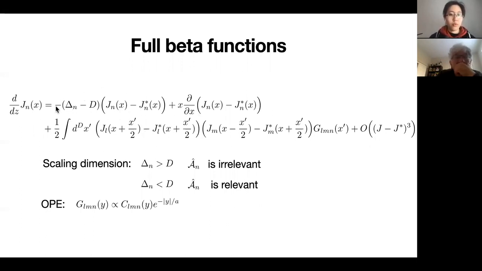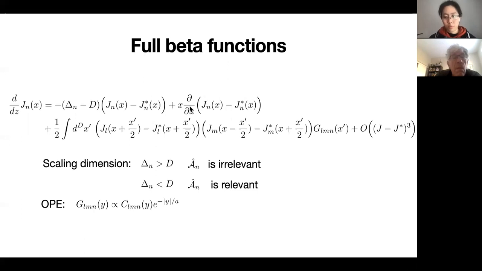The first term encodes the information of the scaling dimension, as we usually know. The scaling dimension can be obtained from the spectrum of the RG Hamiltonian, as I mentioned before. It also shows the relevance or irrelevance of such a scaling operator. And J star is the coupling for the IR fixed point, showing where it is located in the coupling space.